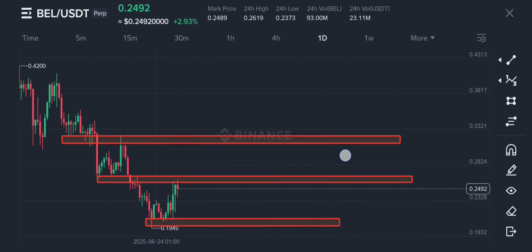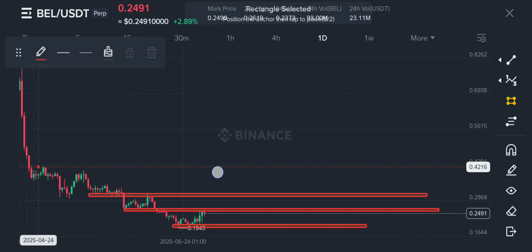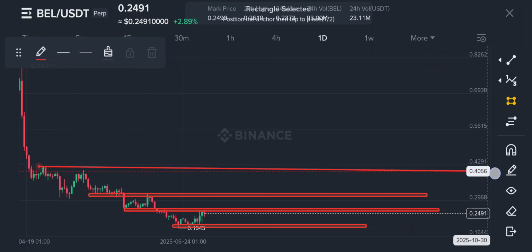There are also other ones up above. Let me just take one more so that we go back to the chart. This is our point of interest.